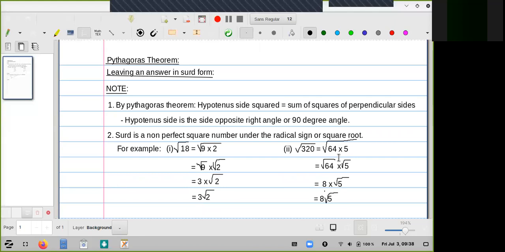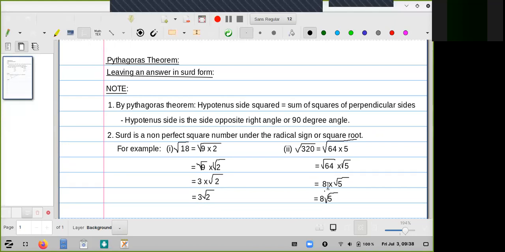We cannot distribute the radical sign whenever we are adding or subtracting numbers. Never ever distribute it. We can only distribute when you are multiplying or what? Dividing. So I distributed the square root sign to the square root of 64 multiplied by the square root of 5.